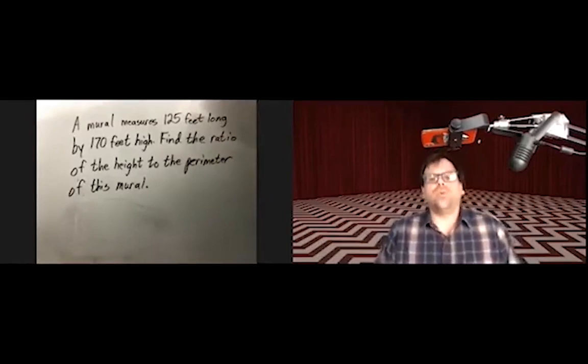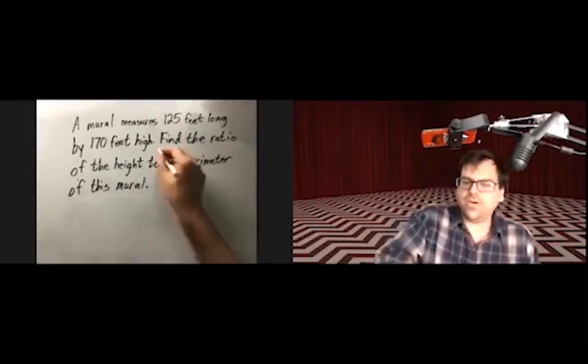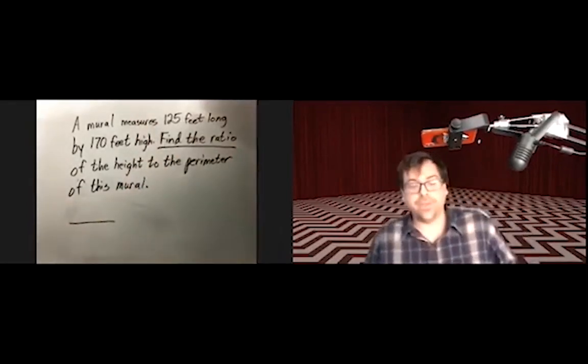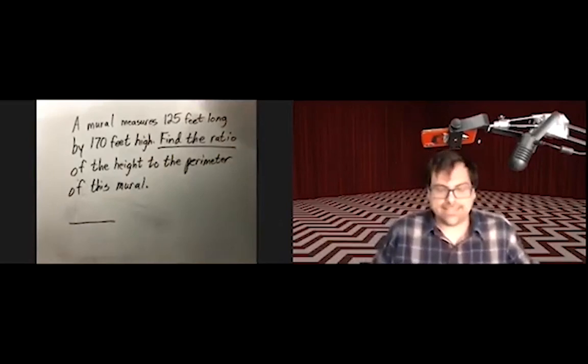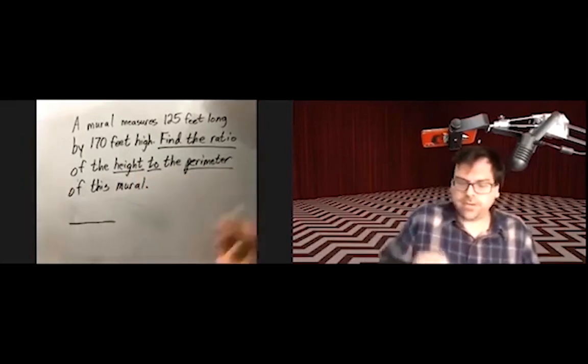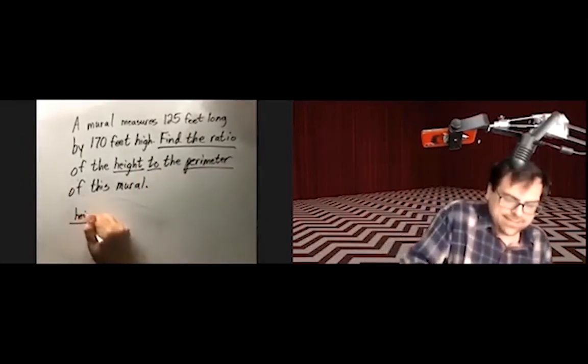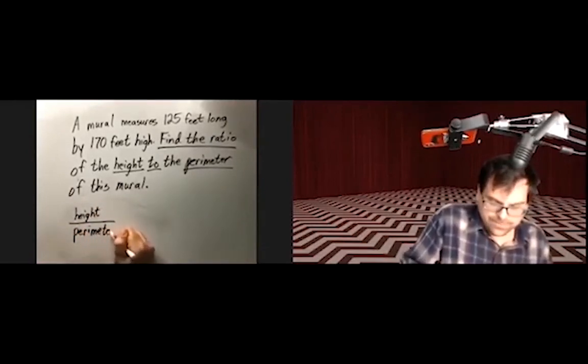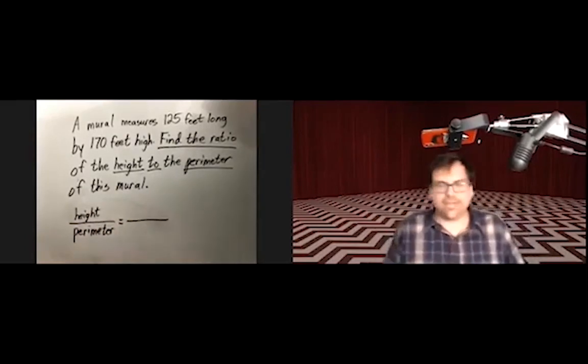What are we looking for? What is the question asking for? Find the ratio. Good, we're doing a ratio. Of what to what? Height to perimeter. Okay, what's the height?